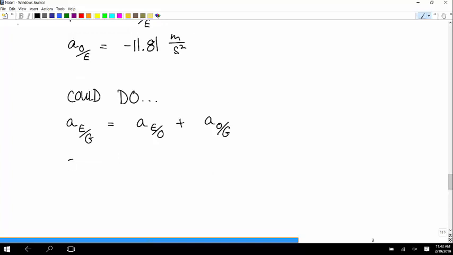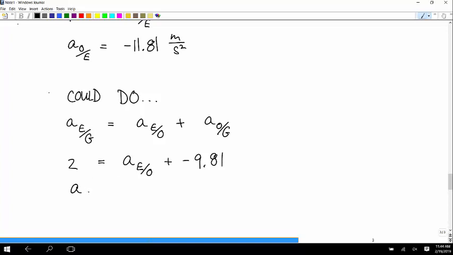Elevator relative to ground is positive 2. Acceleration of elevator relative to the object is, I mean, it's not exactly what we're trying to find, but we don't know it. Plus acceleration of the object relative to the ground, that's negative 9.81.